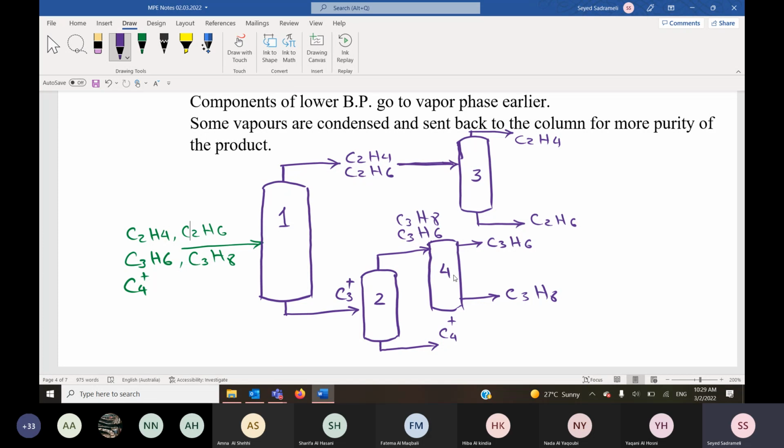Different boiling points for C2H6 and C2H4 can separate them into two heavy and light products, also for these two and other gases. So this is the equilibrium-based separation that we have in the thermal cracking separation unit.